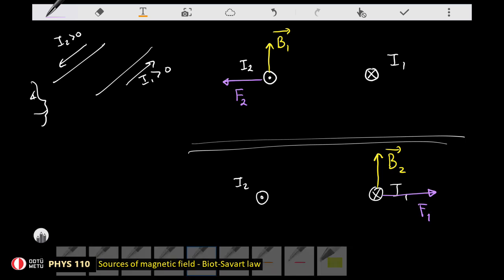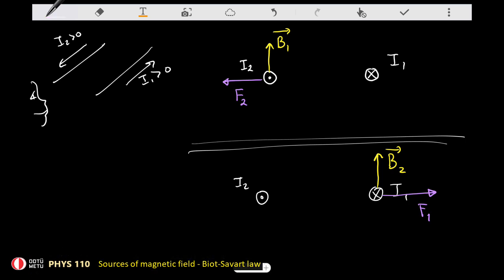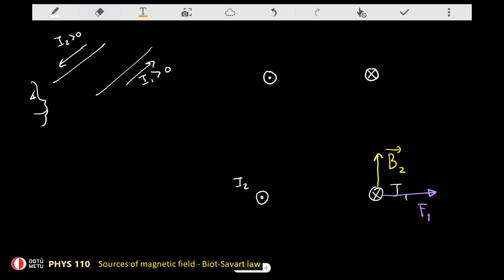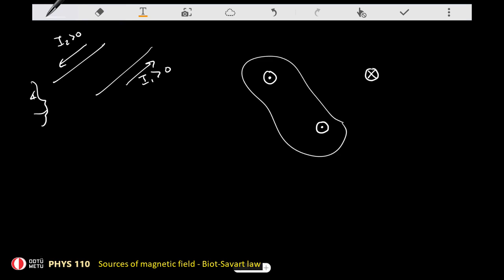So for example, if I have a third current carrying wire in here, let me erase some details, and forget about the values as well. These two current carrying wires are like charges. In those cases, these two are going to attract each other, and they are going to repel this one in here.